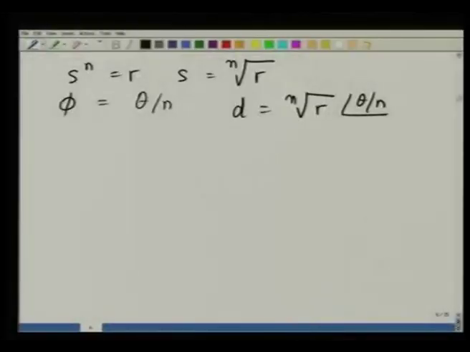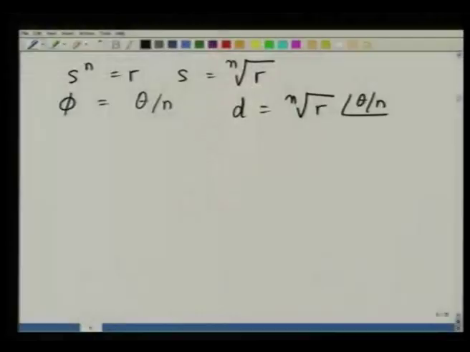There is little we can do with the magnitude, because S has to remain the positive nth root of R. However, there is room to play with the angle of D, namely phi. We have just chosen phi to be theta by n. Are there other values of phi which will, when multiplied by n, yield the same value as theta?